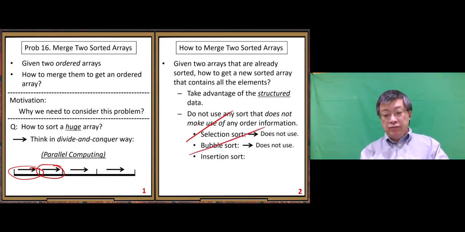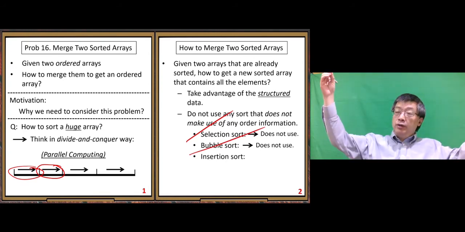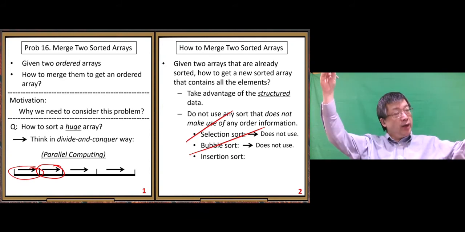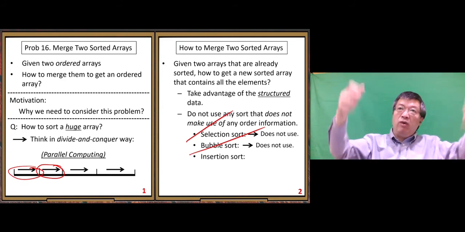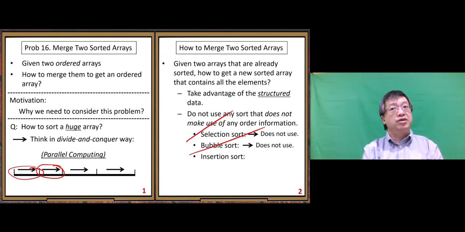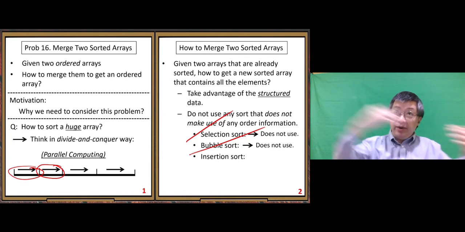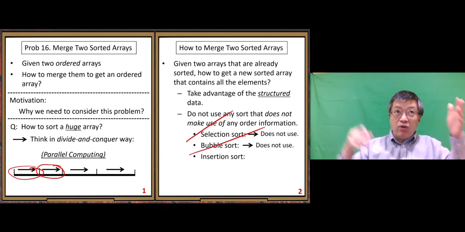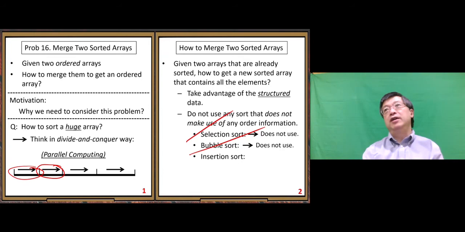Next, insertion sort. If the array is already sorted, can we run our algorithm faster? The answer is yes. Because if it's already sorted, that corresponds to the best case.